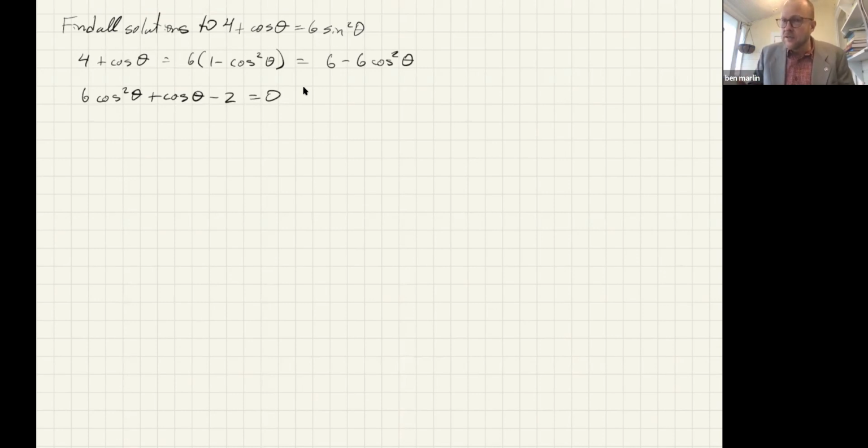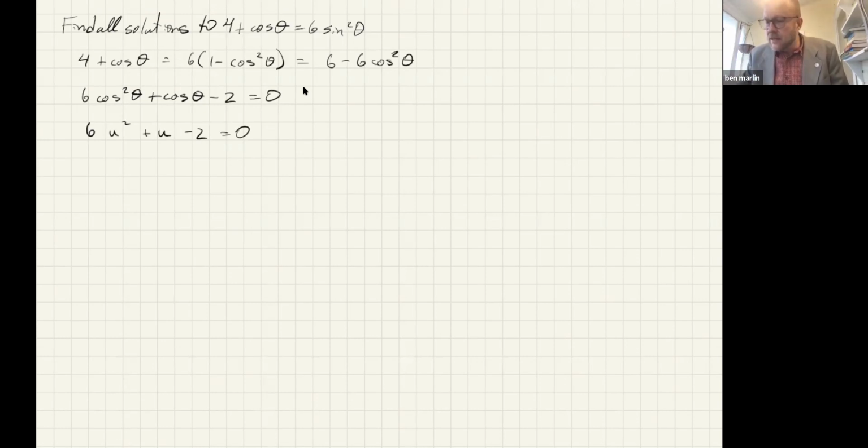Sometimes you'll run into ones where you just can't factor it, but this time I designed something where you could. So if this is a little bit confusing to you, you can think about, let's just treat cosine as though it was its own variable. I'll call it u, you can call it whatever you want to, all right?